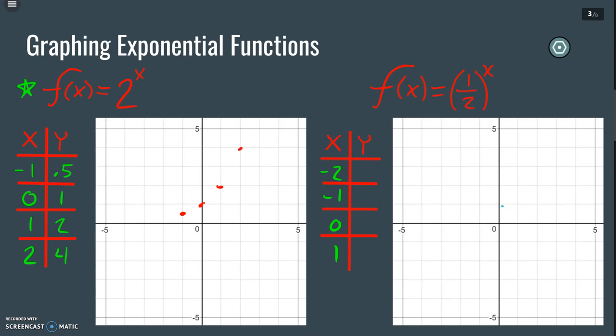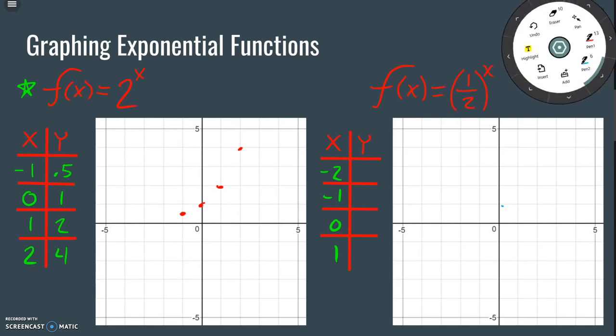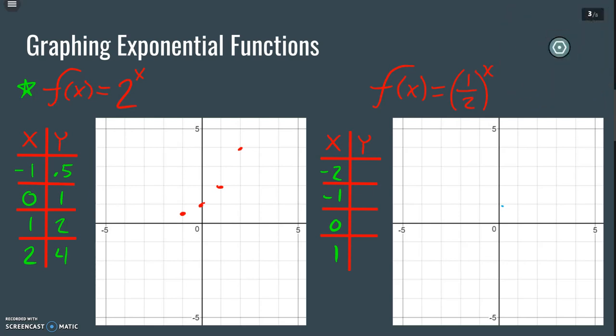Now, if you look at this function, you might notice that over on the left side, it seems to be trailing closer down. In fact, if you were to keep looking at the function and get more values, you would see that it almost hits the x-axis. And on the right-hand side, the function is going to continually increase infinitely big.